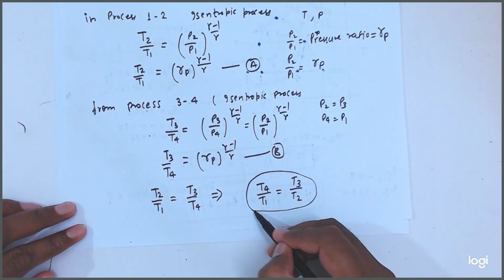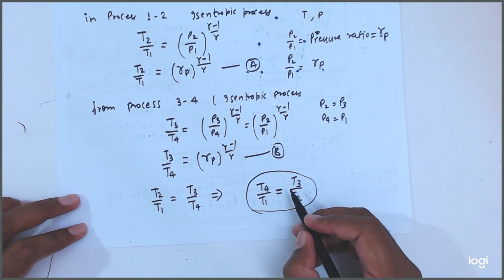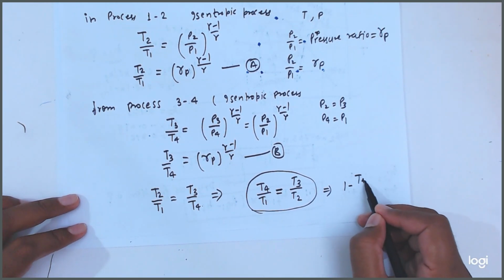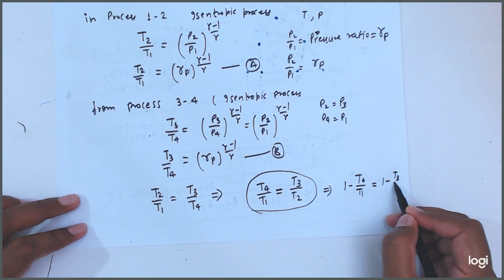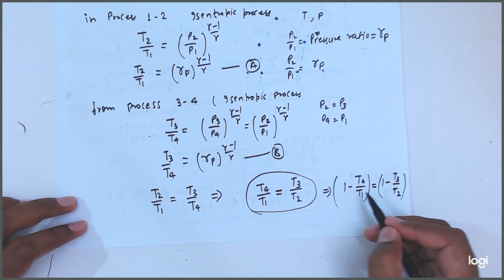Okay, this is the important term. If we take minus on both sides, then 1 minus T4 by T1 equal to 1 minus T3 by T2. No problem will be there. Okay, both sides taking minus now.